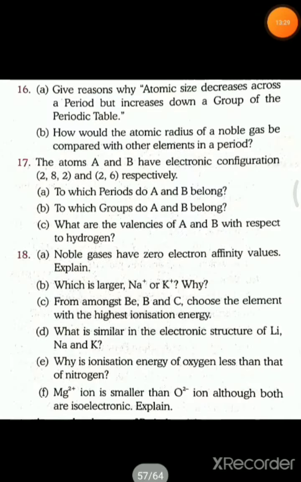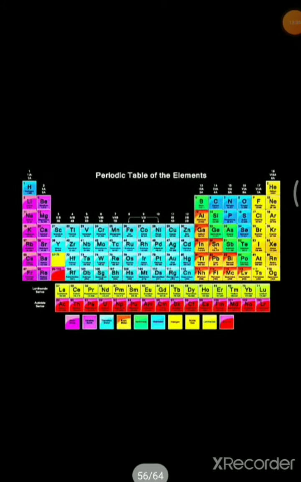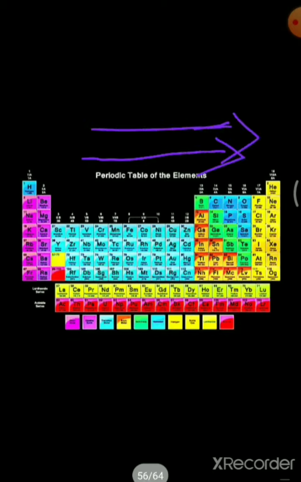So students, do you understand that F question's answer? Look here again. We know that across a period your atomic size decreases, but the nuclear charge increases. That means here your oxygen is there and here your magnesium is there.